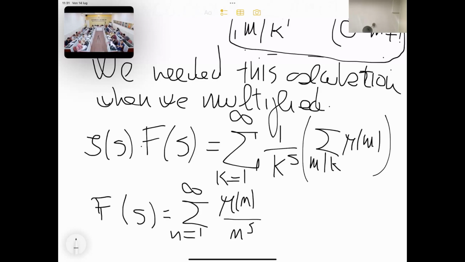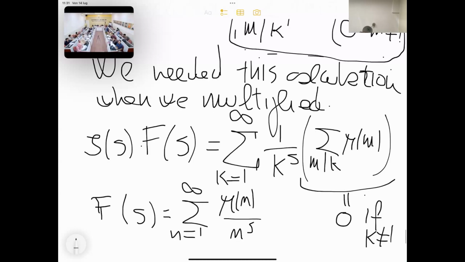Now, we just deduced that this is always 0 if k is different from 1. So this coefficient inside is always 0 except when k is equal to 1.